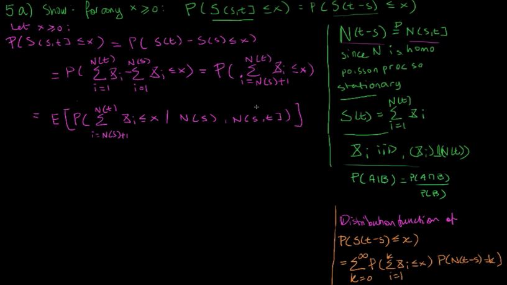And conditioning on these two things is actually equivalent to conditioning on N of s and N of t, because they contain the same information. If you know N of s and you know its increment up until time t, then you also know N of t and vice versa, right? So we're conditioning on the same amount of information, so we're safe here.